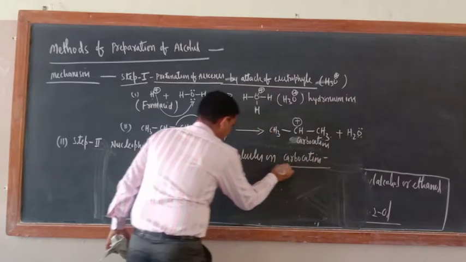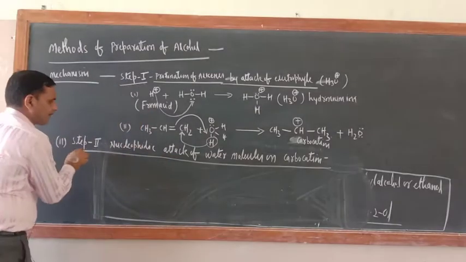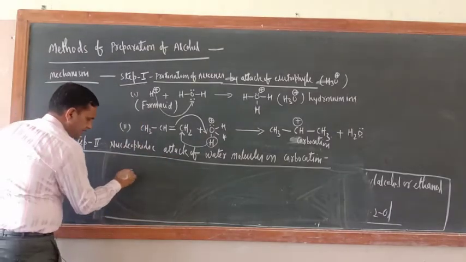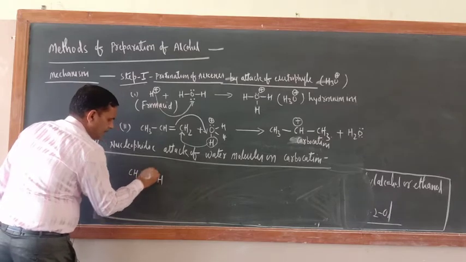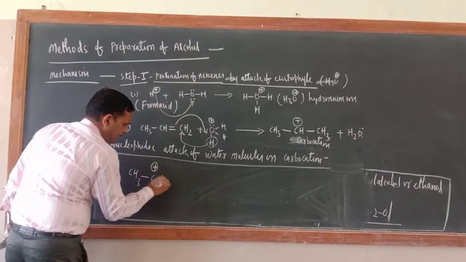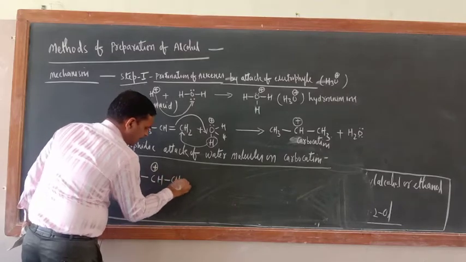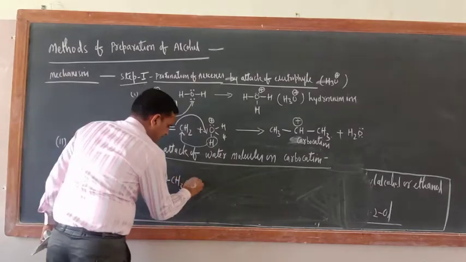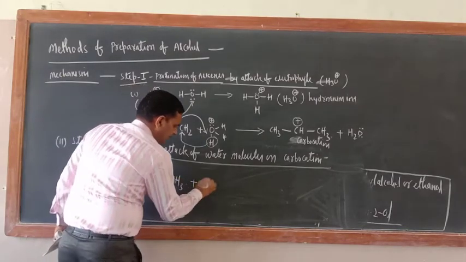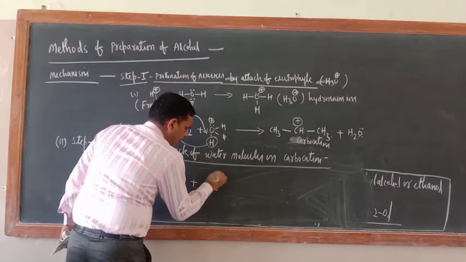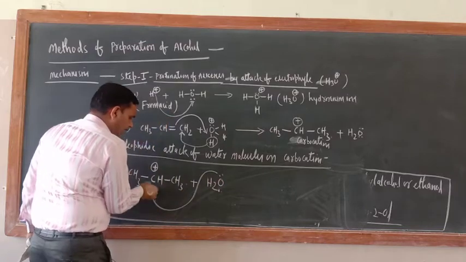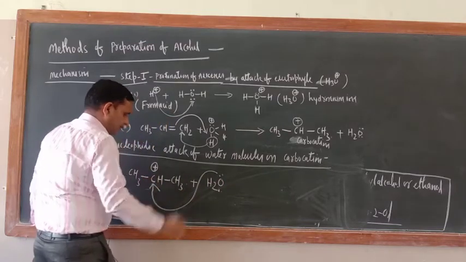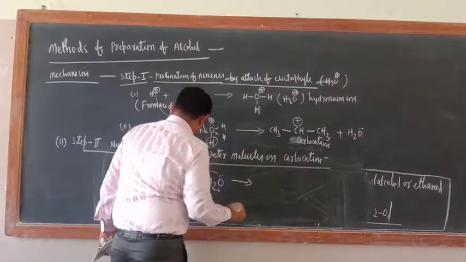Just try to understand here. This is CH3 CH positive, and here CH3, plus H2O. Now this will attack here. So what would be the product?